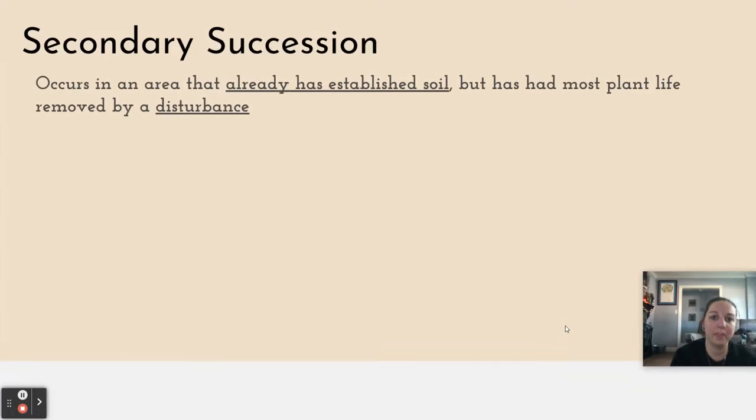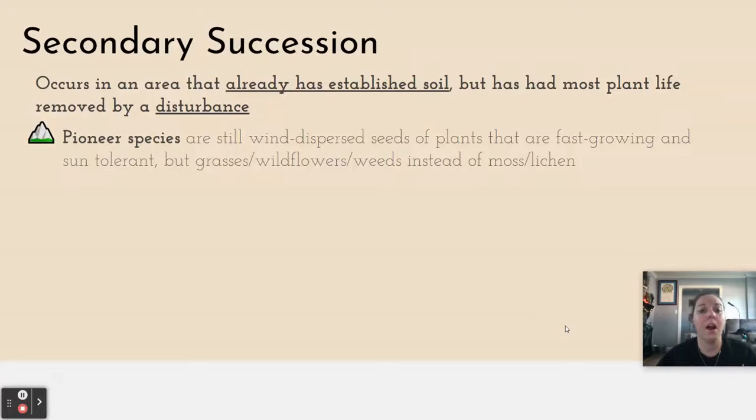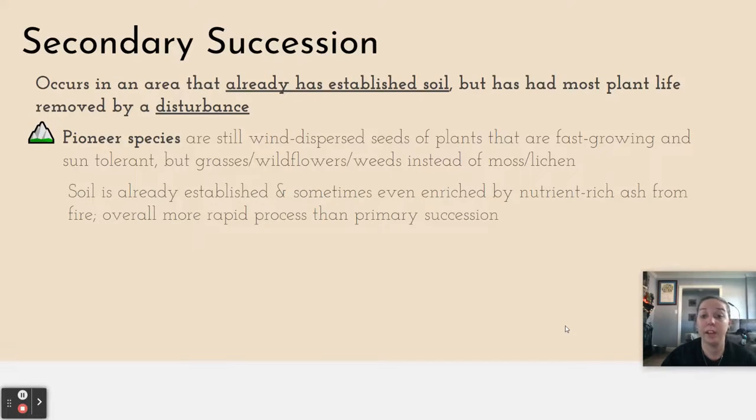And then from there, we can kind of combine the two because they have kind of the same flow after that first step. So our secondary succession, this is where we already have established soil, but our plant life is gone. Our pioneer species are still going to be wind dispersed or animal dispersed through animal waste.